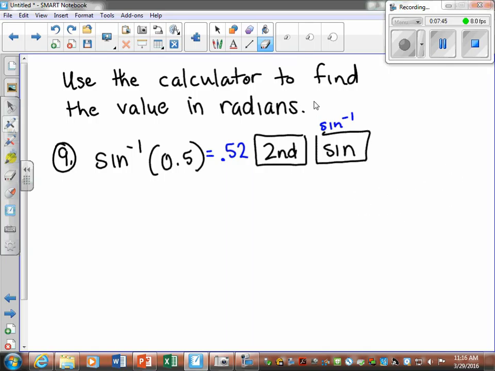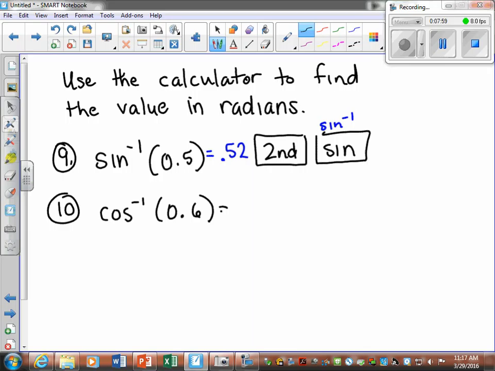Okay, let's do another one. Let's do cosine inverse of 0.6. So go ahead and be doing that. Put that in your calculator. You would do second cosine, because underneath it would be cosine inverse.